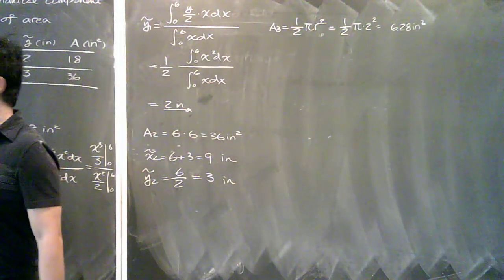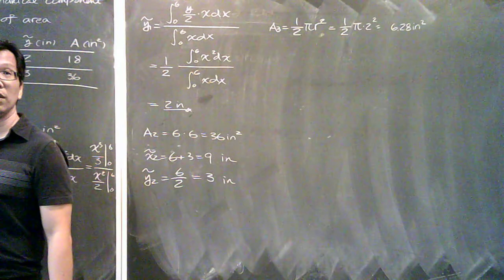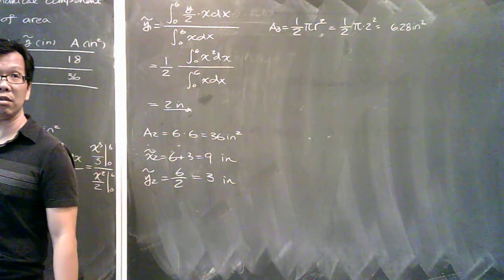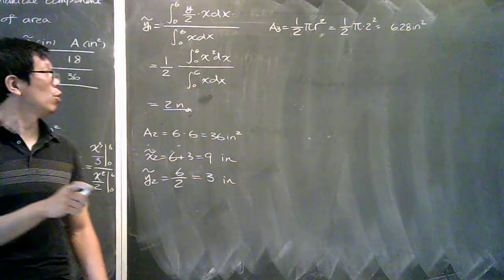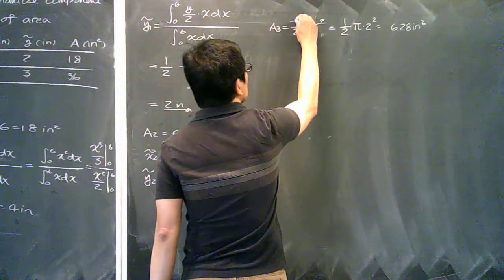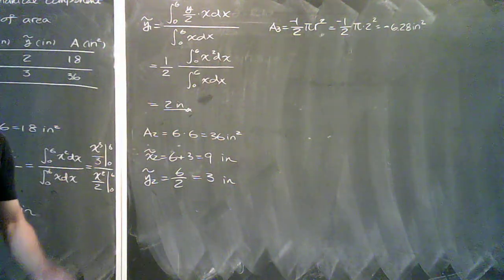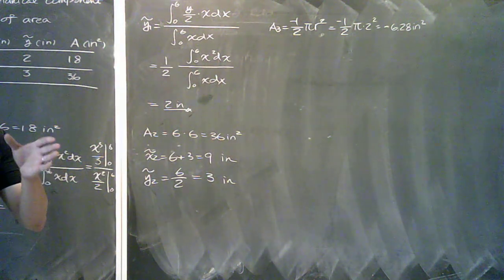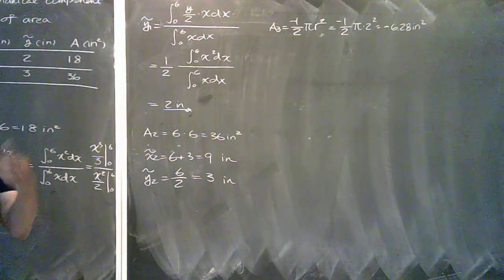Is this a piece that fills in the hole, or is this actually a cutout piece? When it's a cutout piece, we are going to use a negative in front of it, because you are not adding weight to the component, you actually remove some weight from the component.